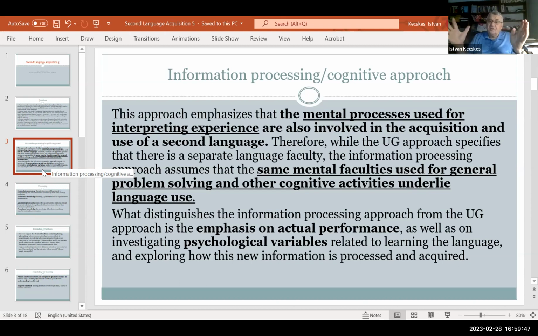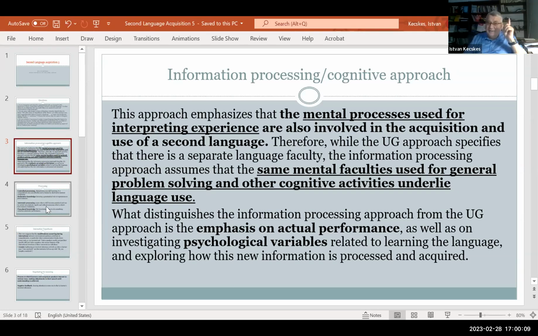So as far as the information processing approach is concerned, there is no separate language faculty. The important thing is the mental processes that are used in the acquisition process.